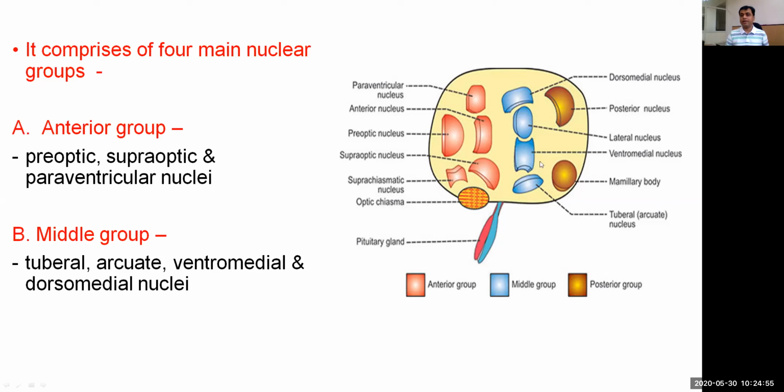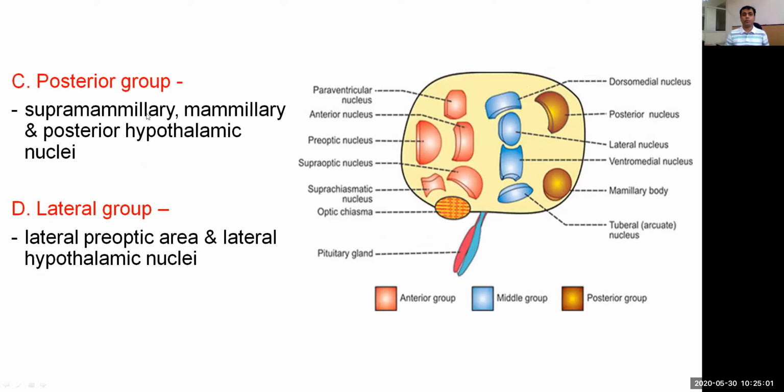Posterior group: supramammillary, mammillary, and posterior hypothalamic nuclei. And lateral group: lateral preoptic area as well as lateral hypothalamic area.